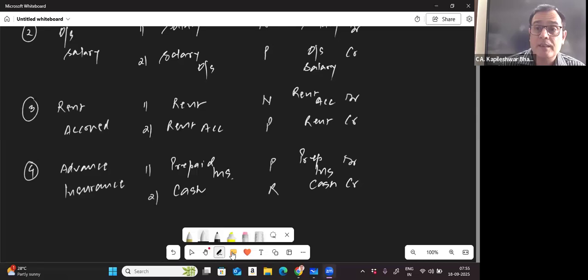So what I'll do, I'll take a few transactions and we'll understand the essence of a ledger. Let's first of all understand what exactly a ledger is. Then we'll see how a ledger is made. My idea is not to teach you the clerical part of making the ledger. The idea is to expose you to the concept of a ledger. Let's do one thing. Let's give you some sample entries.